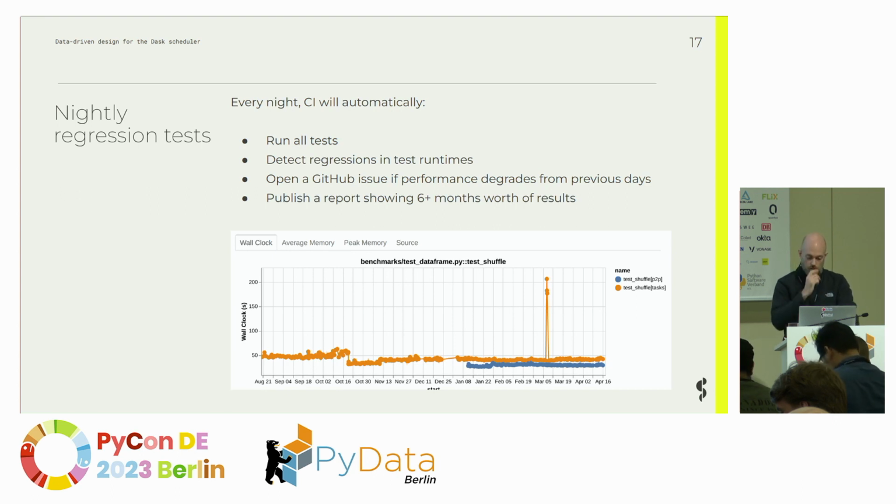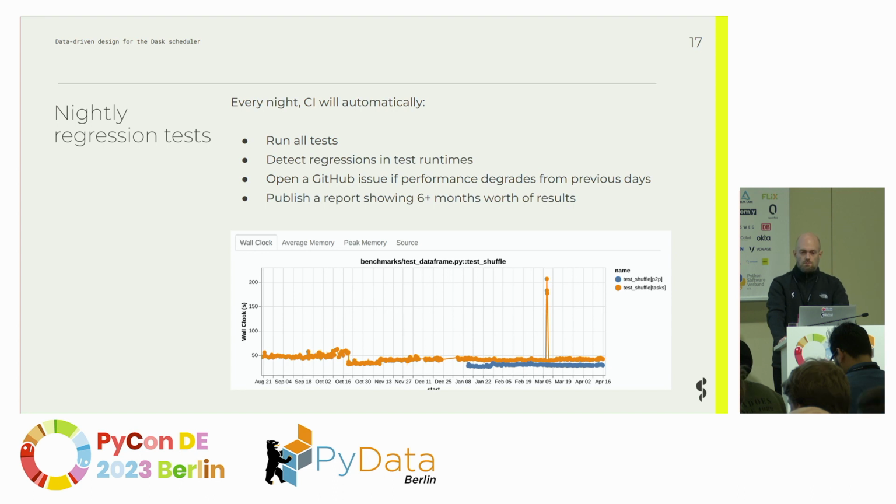In this example, we have a shuffle operation on a data frame. And you can see that performance is pretty much consistent over time. At some point in October 2022, it became 20% faster.